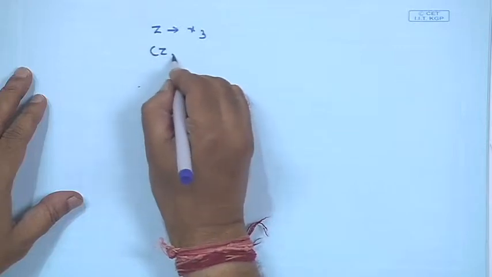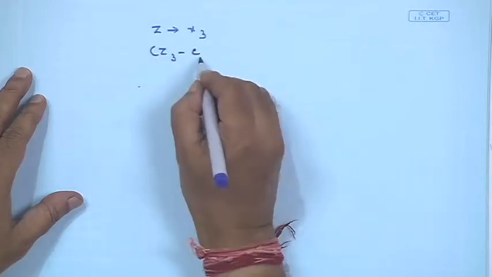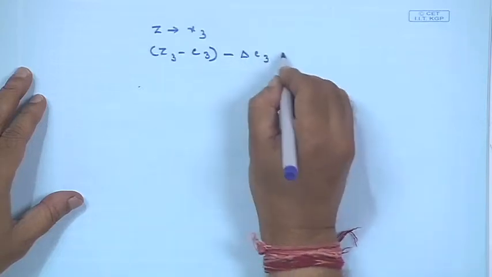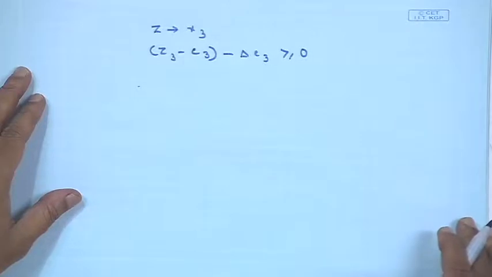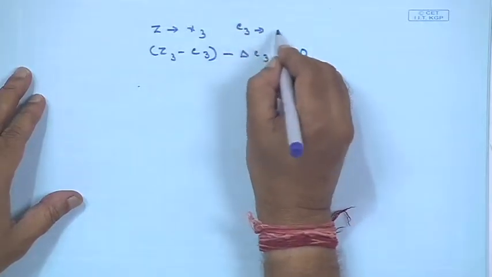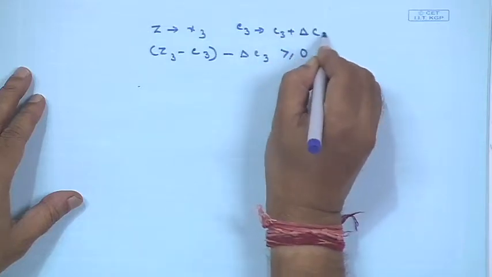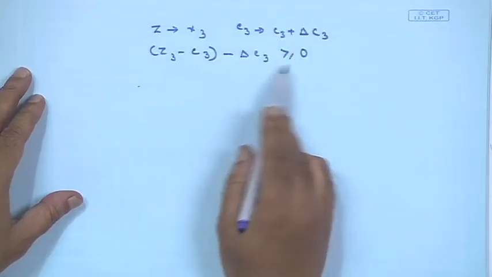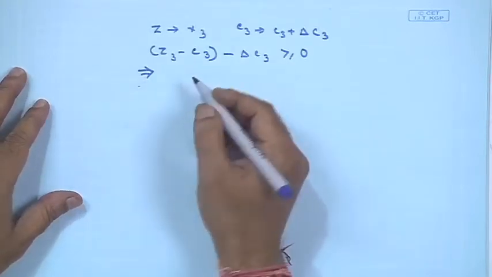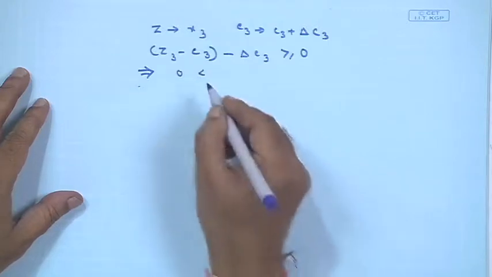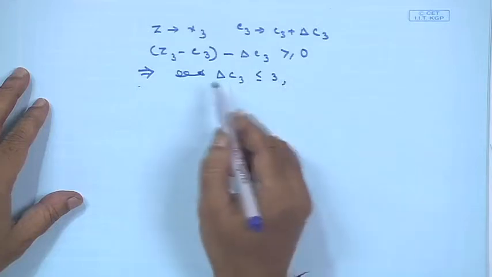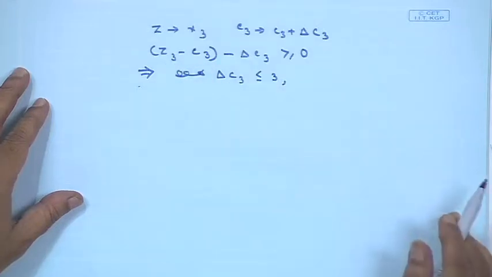I have to only check the optimality, Z3 minus C3 minus del C3, this should be greater than equals 0, because C3 now has been changed to C3 plus del C3. So, this should be greater than equals 0, which implies immediately you can tell that del C3 should be less than equals 3, since Z3 minus C3 is nothing but 3.